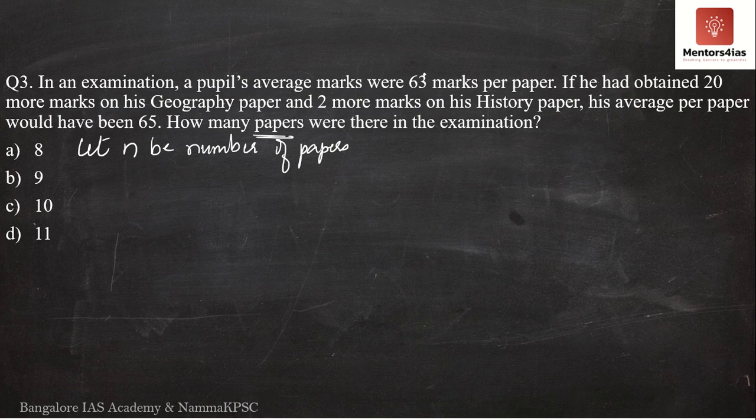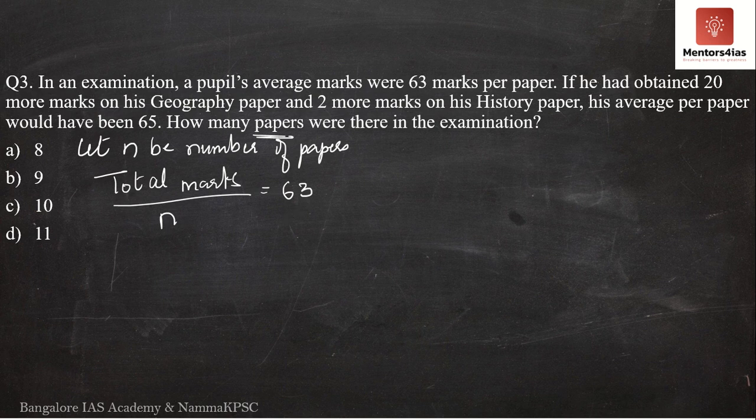Now, how do we get the average marks per paper? This is nothing but total marks in all the papers, divided by the total number of papers. When we divide total marks by the total number of papers, that is when we get the average marks per paper, which is 63 as mentioned by the question itself.